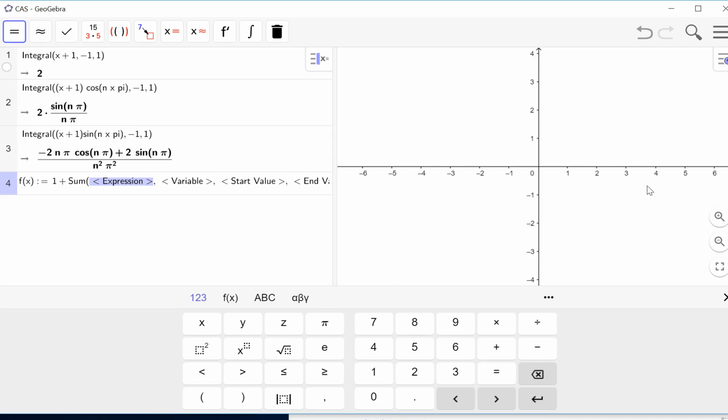But just to show you in general what it typically looks like, I would do number 2 times cosine of n times x times pi, those were our coefficients for the cosine, and then I would do number 3 times the sine of n times x times pi.